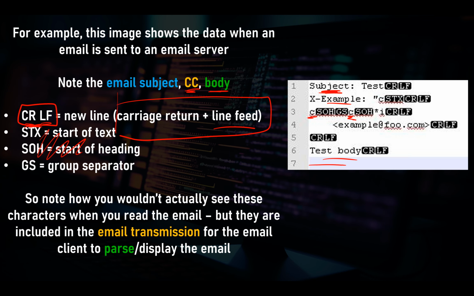So no, you wouldn't actually see these when you read the email, but they are included in the transmission. And of course the email program, the email client, is going to see this data in order to parse it, in order to format it correctly, in order to understand what's the subject, what is the heading, what's the body, just to separate the fields, basically.